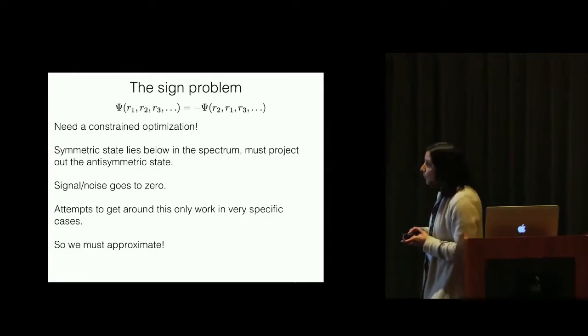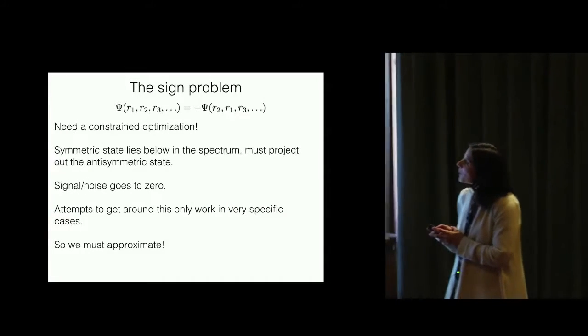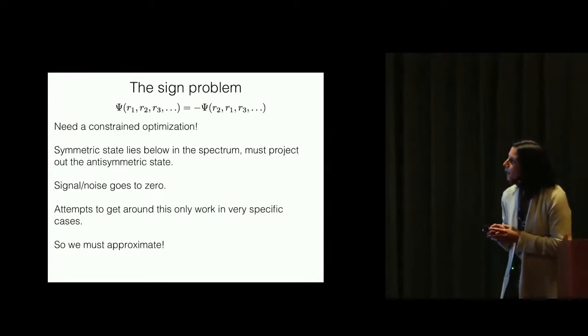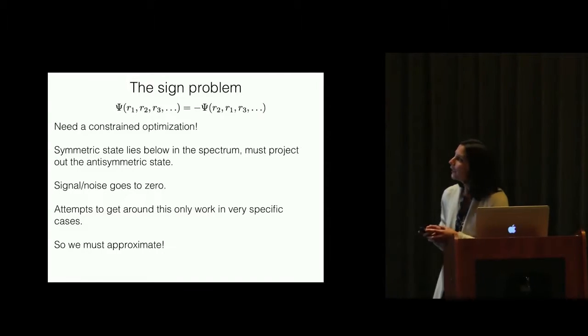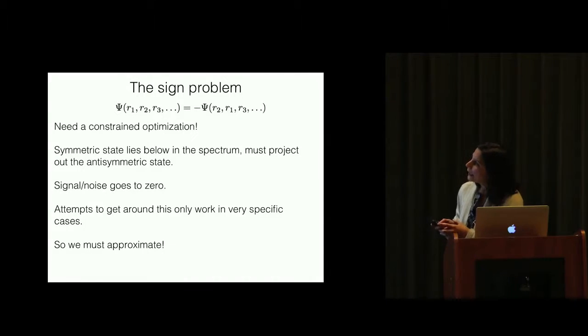One thing here to be aware of, remember that I mentioned that there is this sign problem issue that we have, which is that we need to carry out a constrained optimization as we evolve our walkers to the right distribution. That's because the wave function itself has to satisfy this anti-symmetry constraint.